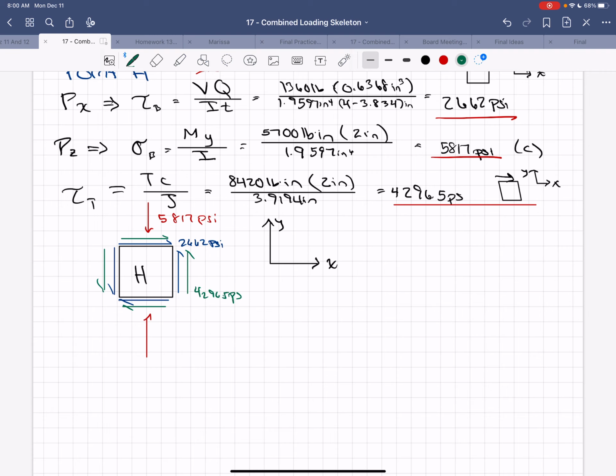So we'll add those two together to get our final stress block for H. Shear stresses go in the same direction. It's the last picture. And combined, that equals 6959 psi.